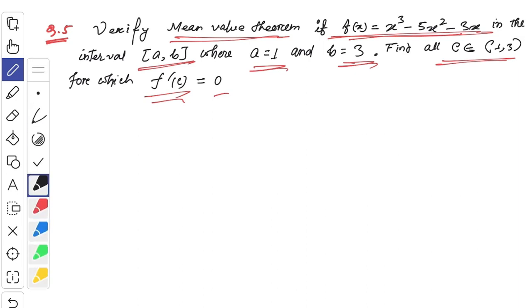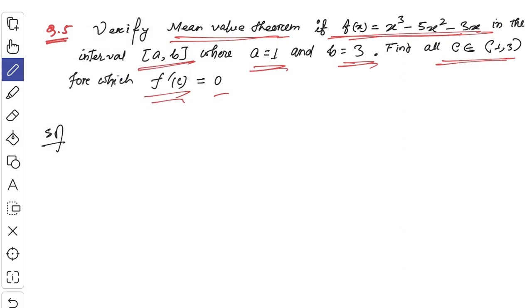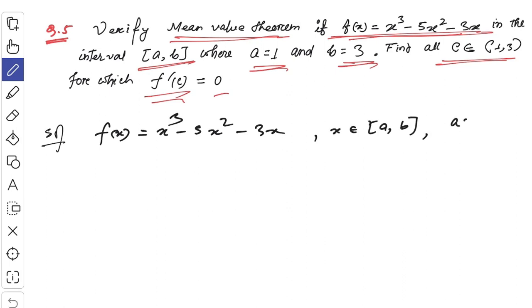Okay, so now let me solve this. The function f of x is equal to x cube minus 5x square minus 3x, and here x belongs to the closed interval a to b, where a is equal to 1, b is equal to 3.